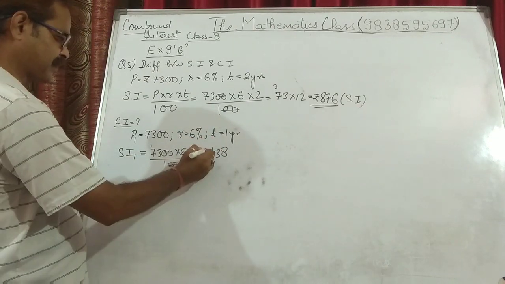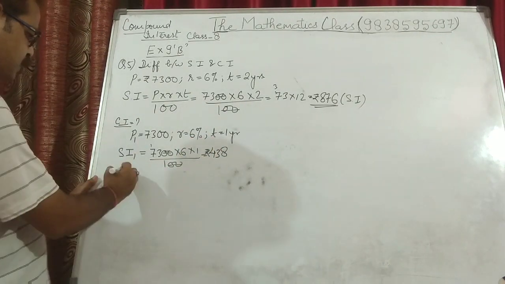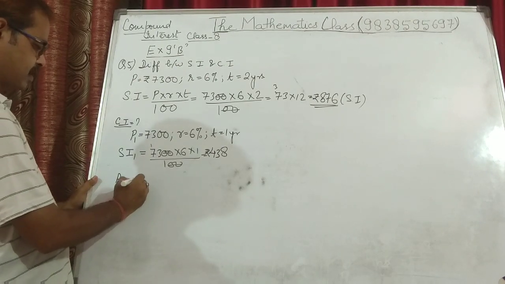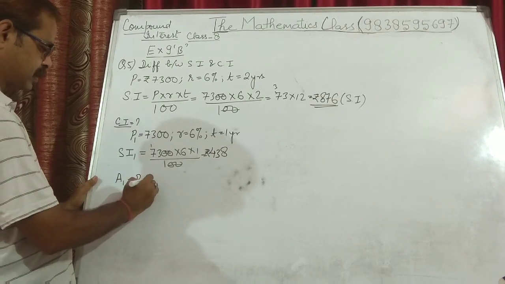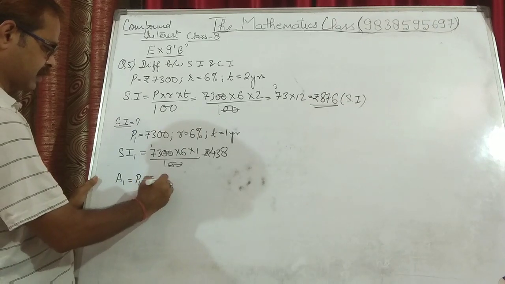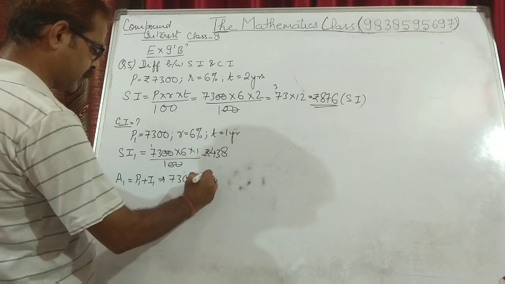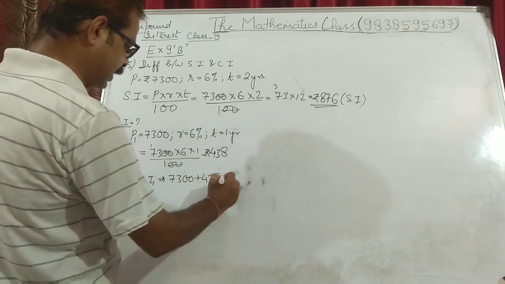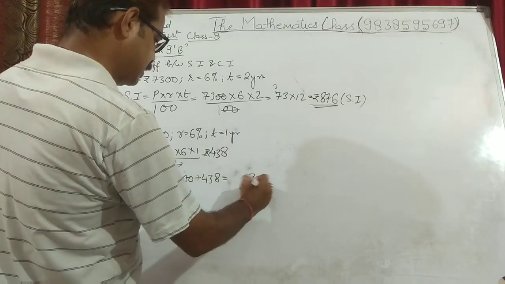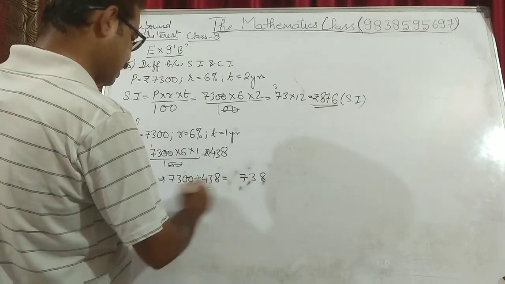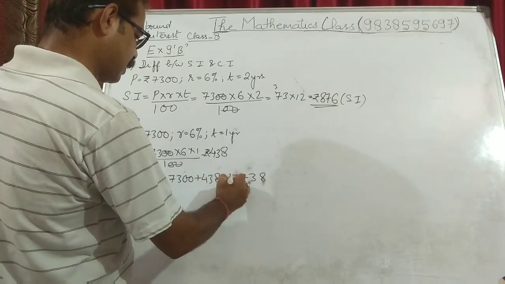438 rupees. So amount after 1 year will be principal for the first year plus interest for the first year. That makes 7300 plus 438, that is 7738.